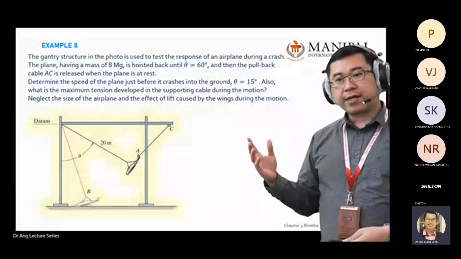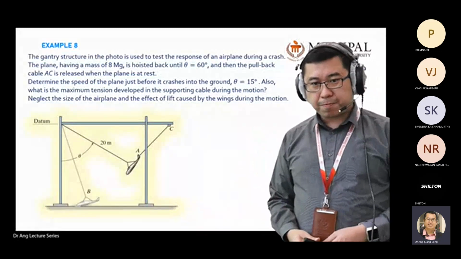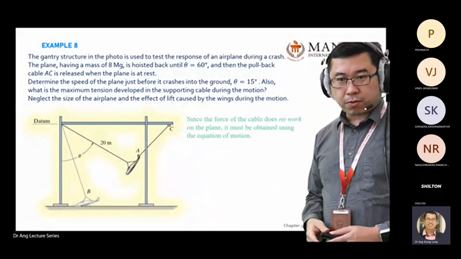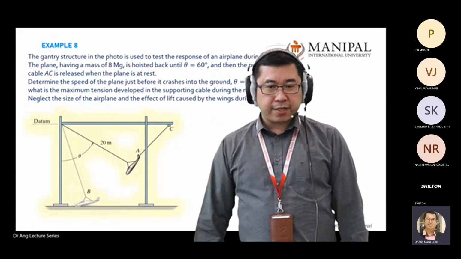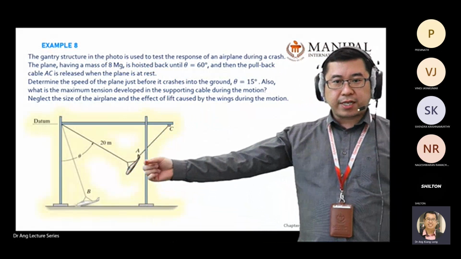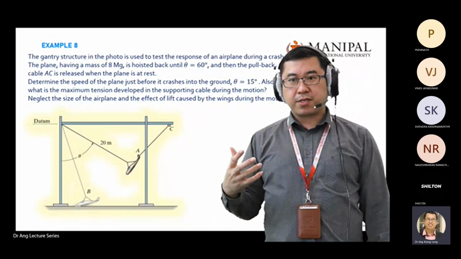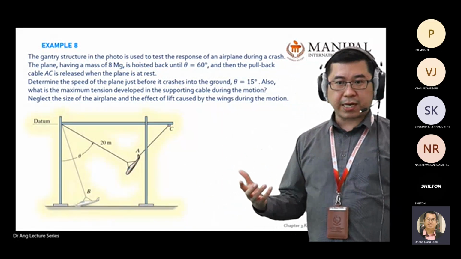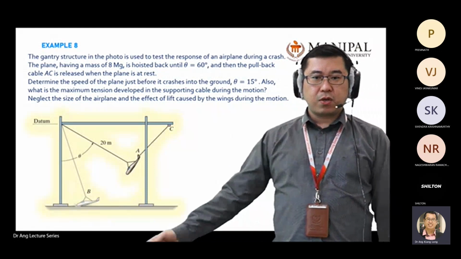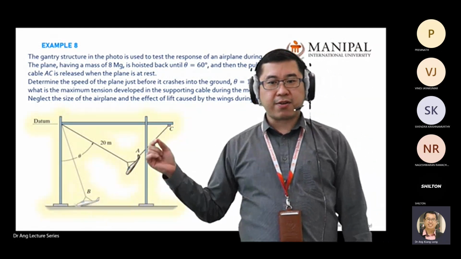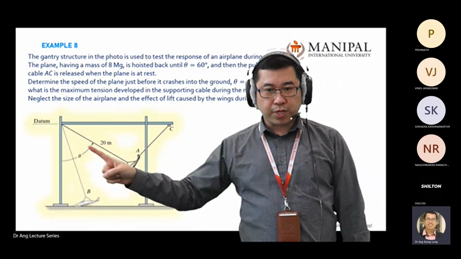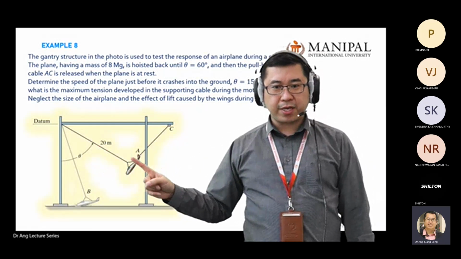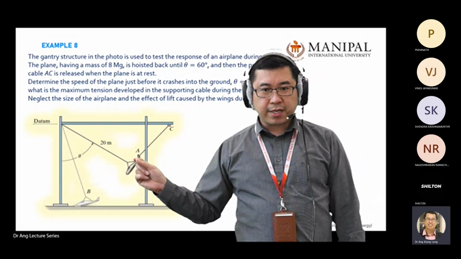Now we look at a tutorial question. So, if you read question number 8, it's actually conducting an experiment. It's an aircraft prototype experiment where you will swing the aircraft to a certain degree, which means you tie the aircraft body at a certain angle.